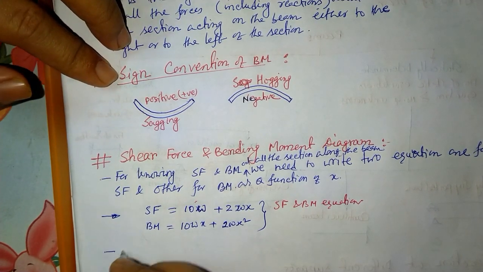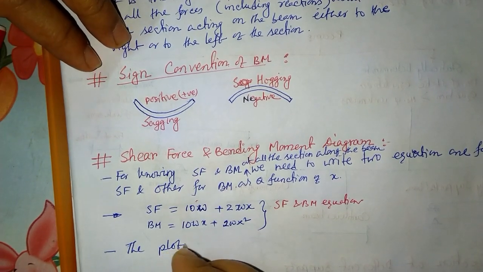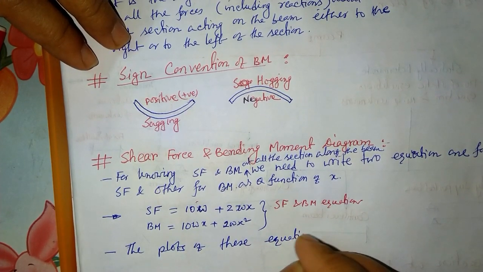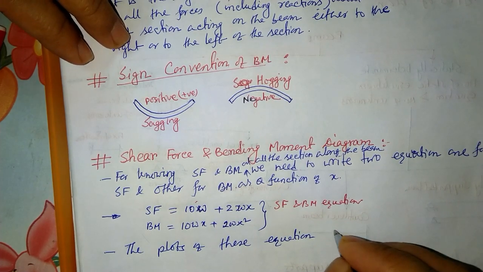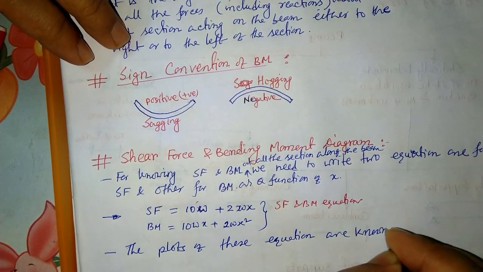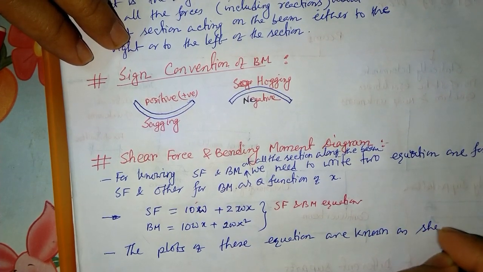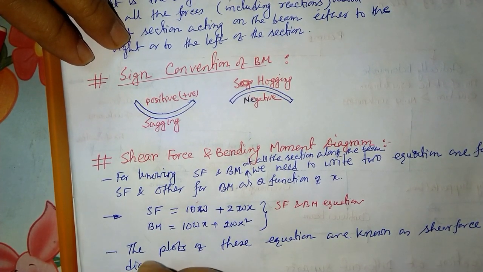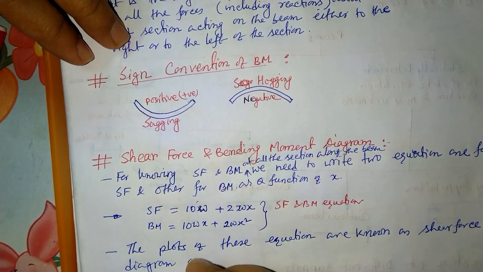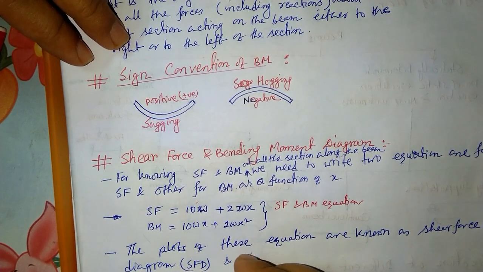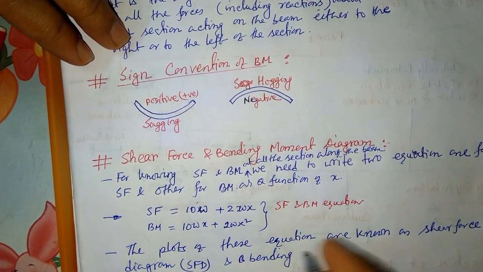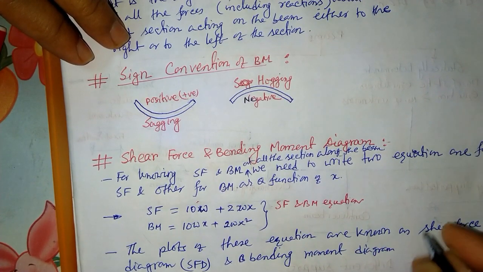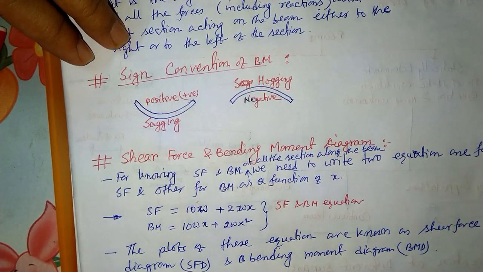So we can say the plots of these equations are known as the shear force diagram, in short form SFD, and the bending moment diagram, called BMD.